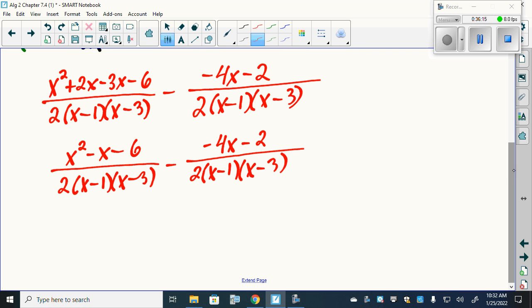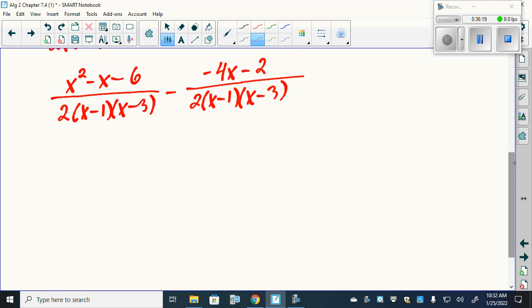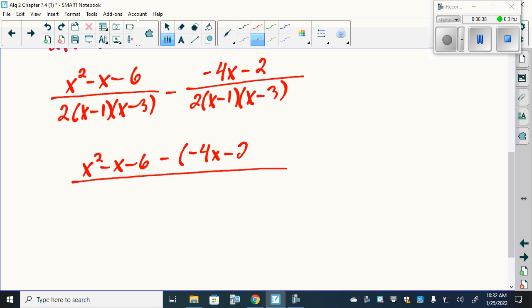Well, now do we have the denominators the exact same? Yes. So that means for us, we can subtract the numerators. Now for our first one, nothing's really going to change. But the second one, we are subtracting what? Our negative 4x minus 2.